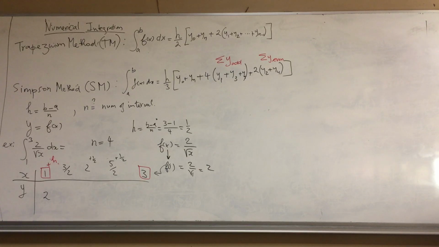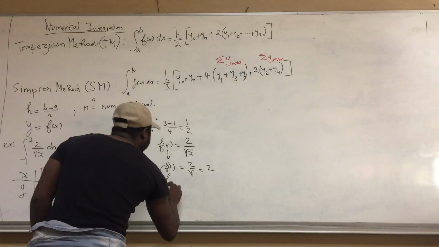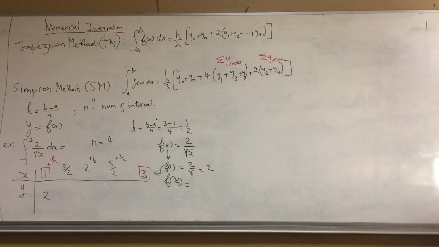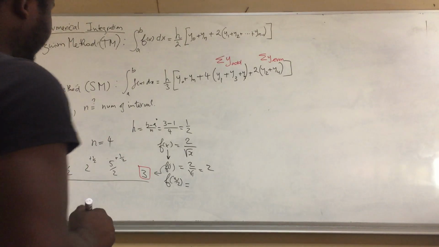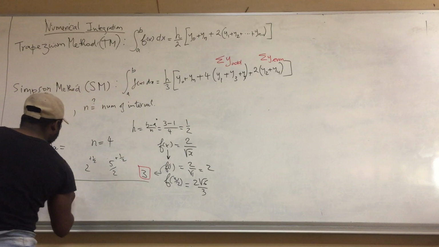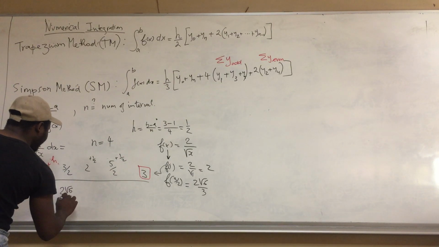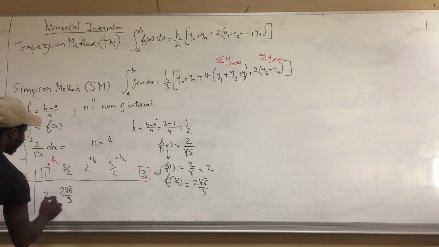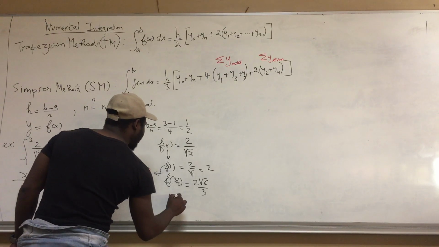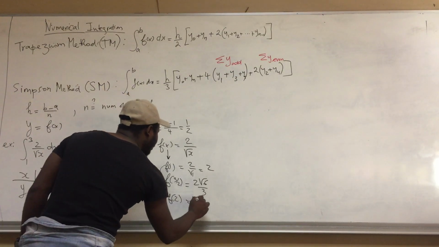The second one is f of 3 over 2, which gives you 2 square root of 6 divided by 3. Then f of 2 gives you square root of 2.